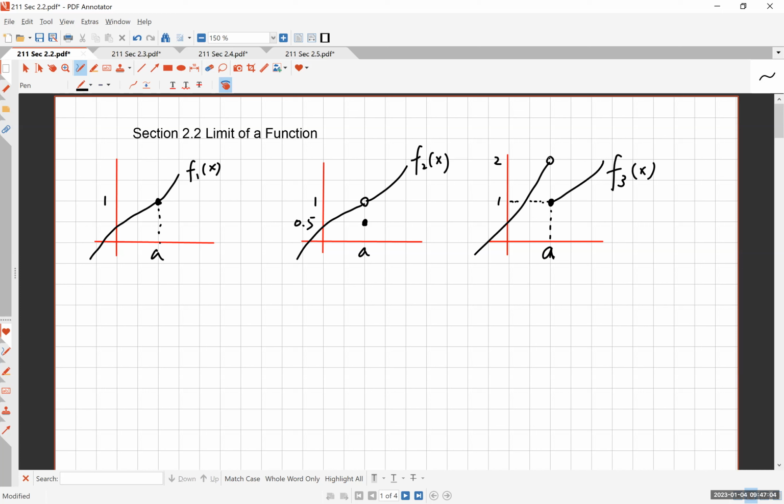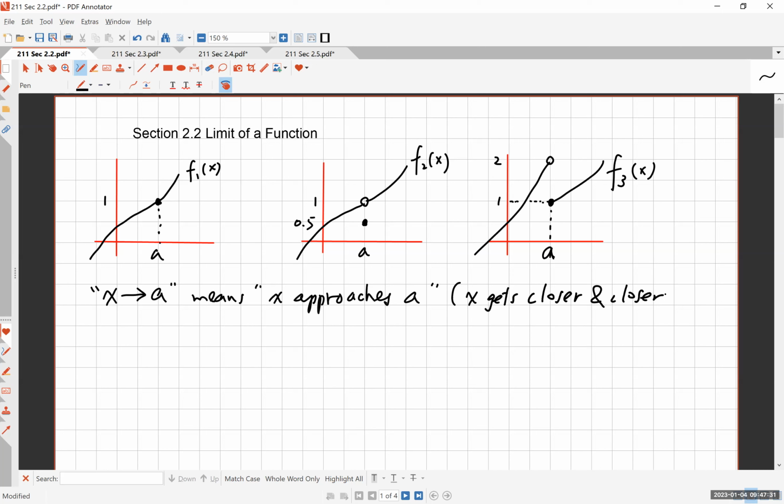Okay, so here's the idea. When I write x arrow a, that means x approaches a. That means x gets closer and closer to a.